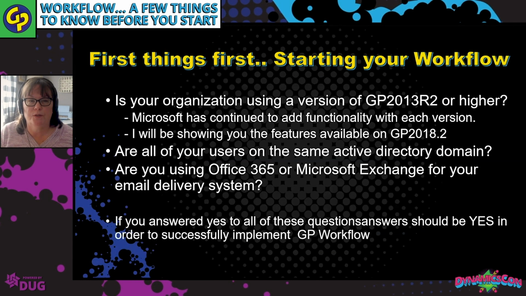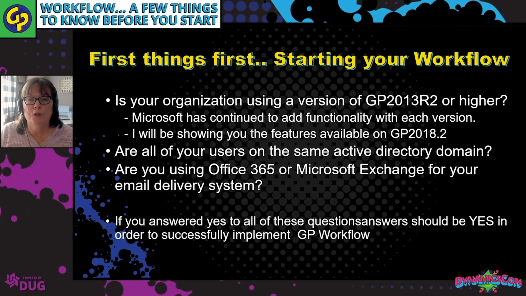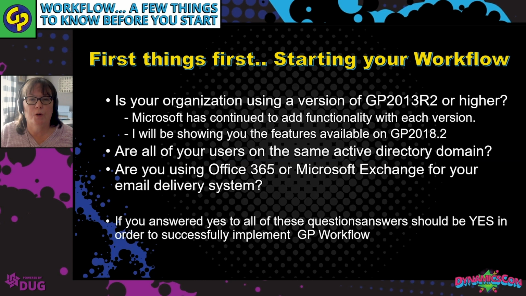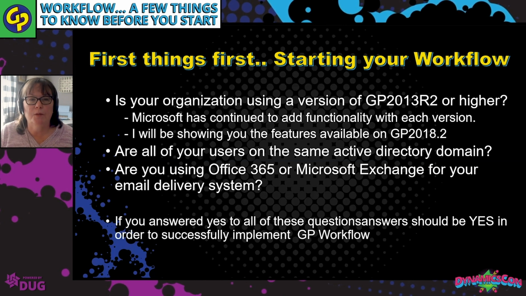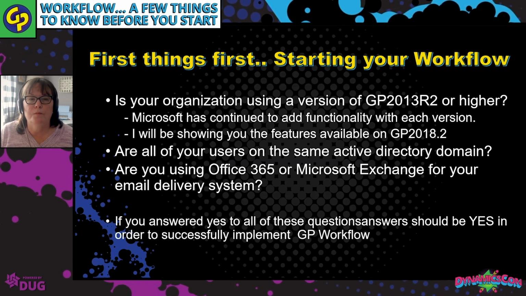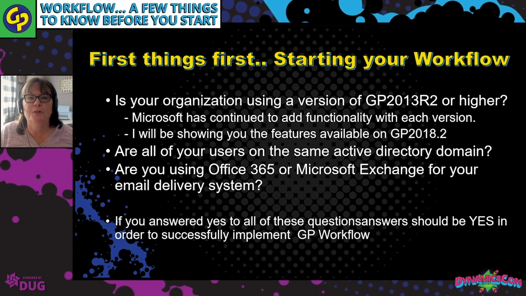So first things first, starting your workflow. Is your organization using GP 2013 R2 or higher? If it's not, workflow is not available in the earlier versions, but most likely you are on something higher than GP 2013 R2.